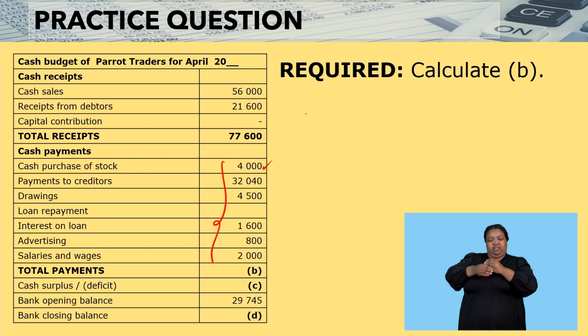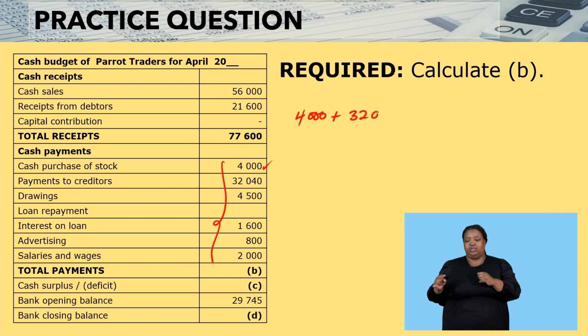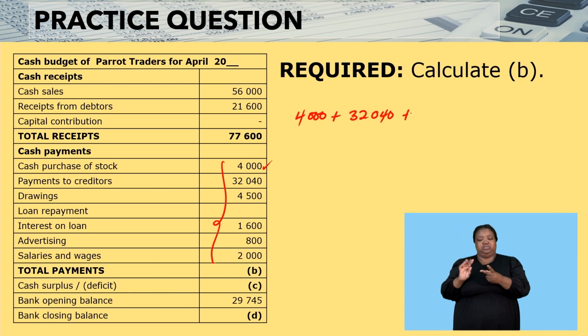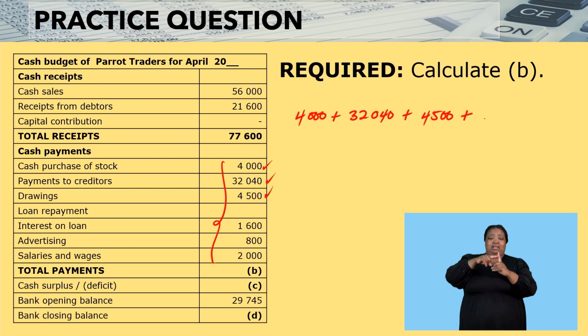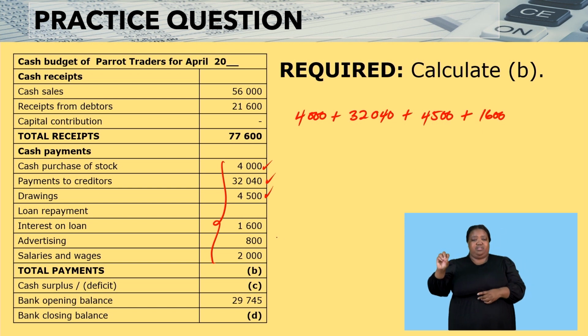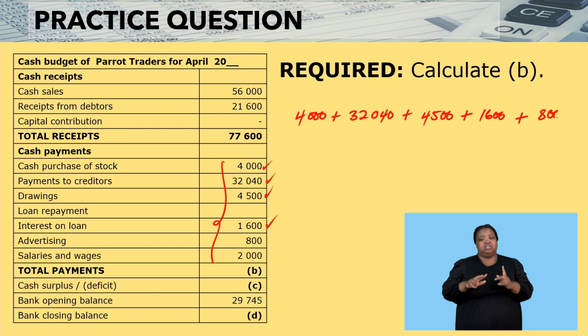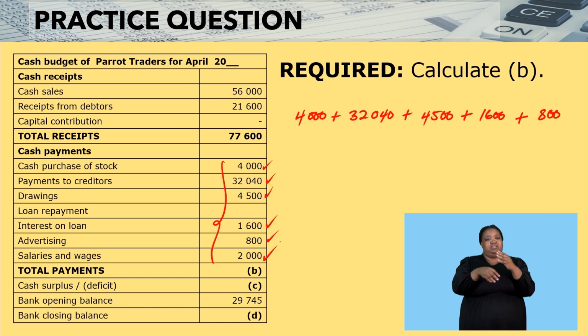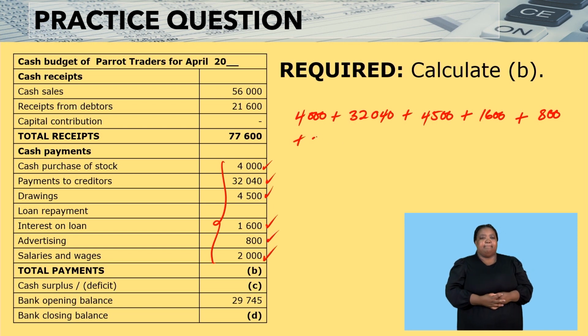I'm going to say 4,000 plus 32,040 plus 4,500, which is this one, plus 1,600, this one there, plus 800, and then lastly I add 2,000 plus 2,000.